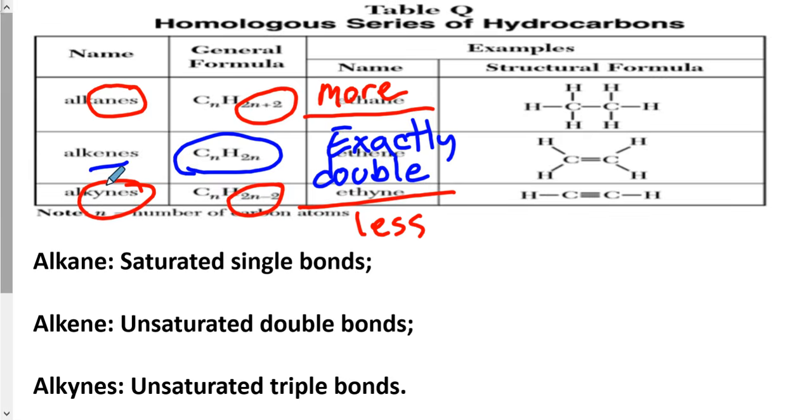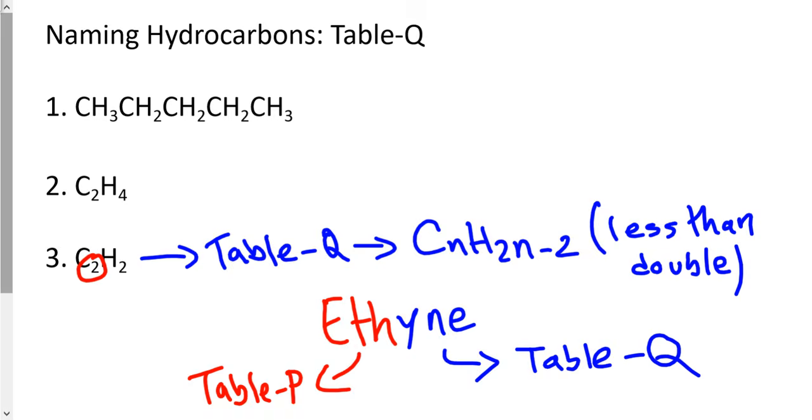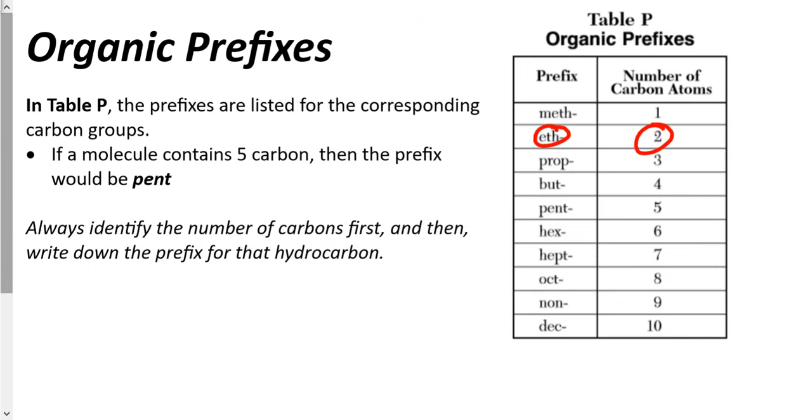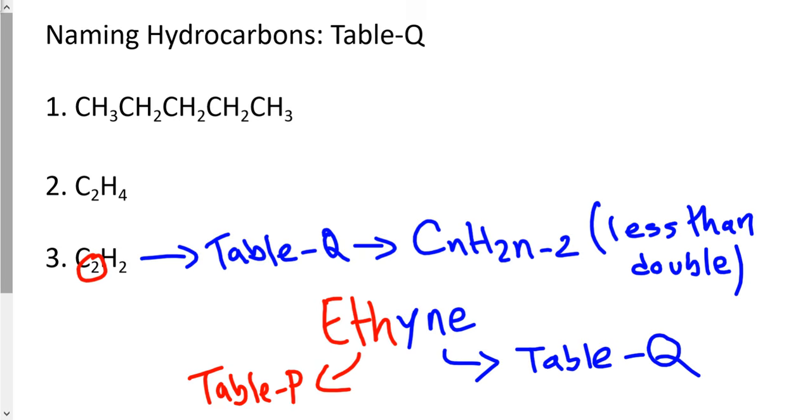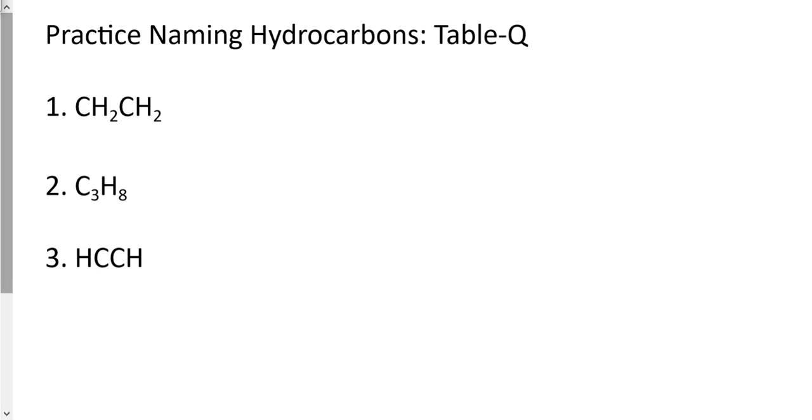And therefore, we have to end the name with YNE. But if you look at the prefix, there are only 2 carbons, and therefore the prefix should be eth. And if we combine those two together, the complete name is going to be ethyne. You should practice naming these hydrocarbons by pausing the video, and once you're done, please check your understanding.